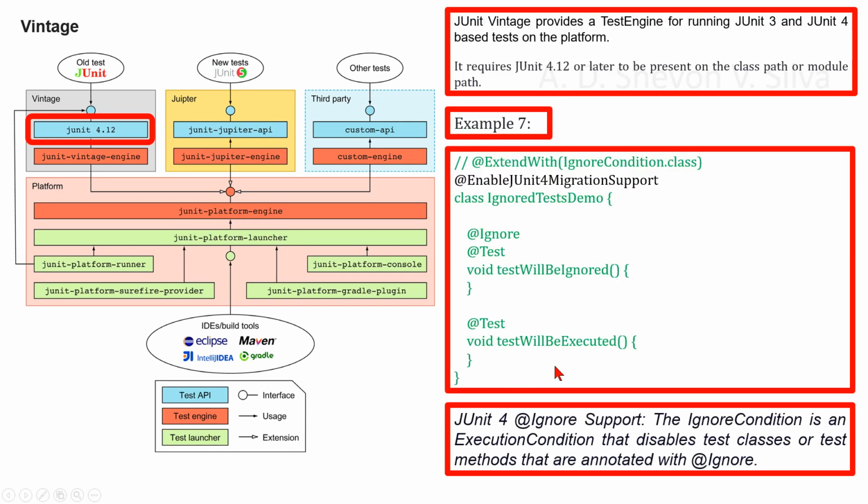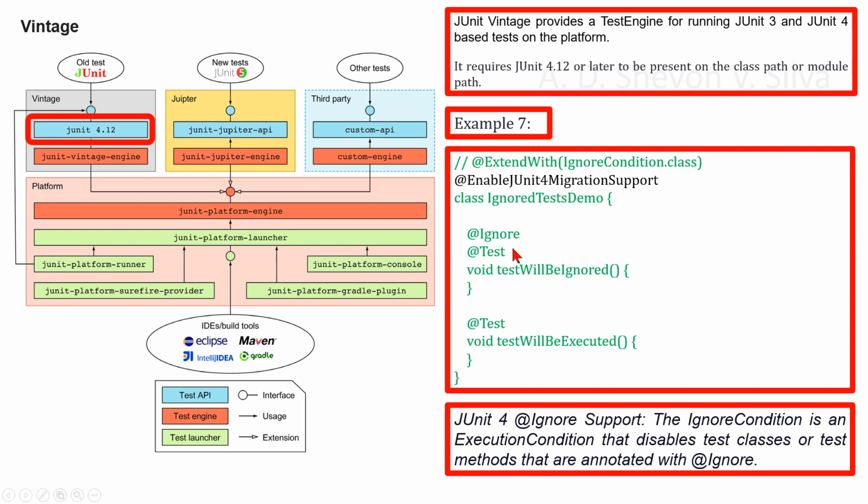Now we are considering JUnit 4 @Ignore support. The IgnoreCondition is an execution condition that disables test classes or test methods that are annotated with @Ignore. In order to provide a smooth migration path from JUnit 4 to JUnit Jupiter, the junit-jupiter-migrationsupport module provides support for JUnit 4's @Ignore annotation, analogous to Jupiter's @Disabled annotation.